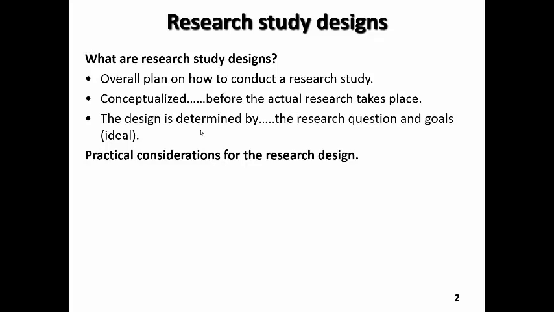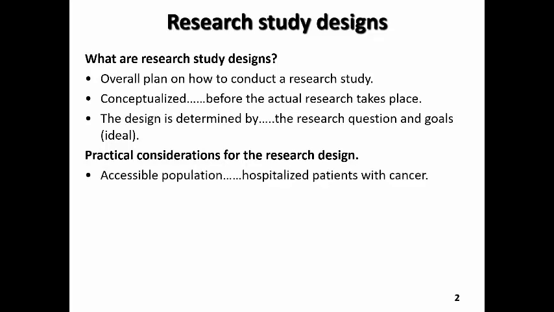but in actual reality there are practical considerations that will impact the ability to carry out that project and will influence the research design. The first here is what we refer to as the accessible population. And so research examining humans begins with the identification of a population of interest.